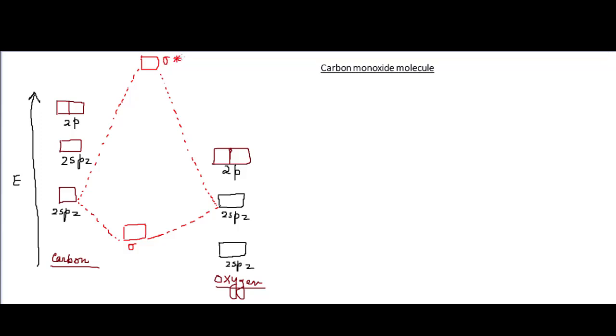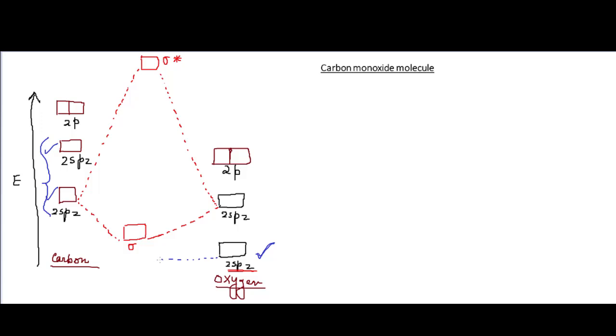What you generally draw as sigma 2s and sigma star 2s, these are the orbitals. And what happens to this low energy 2sp oxygen atomic orbital? This is energetically quite far from these two orbitals of carbon. So the low energy and high energy of carbon are very far from the low energy 2sp of oxygen. That is why it cannot form a molecular orbital with them, because their energies are unaffected by each other.